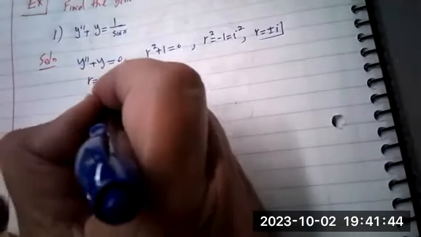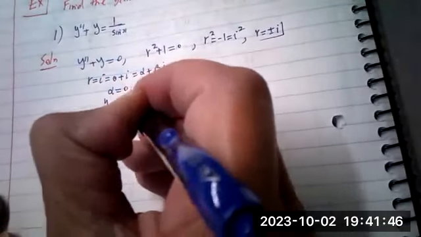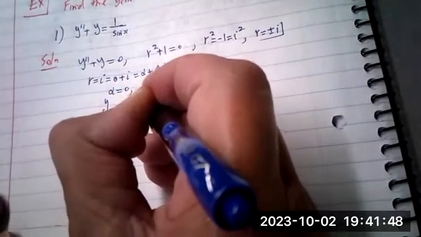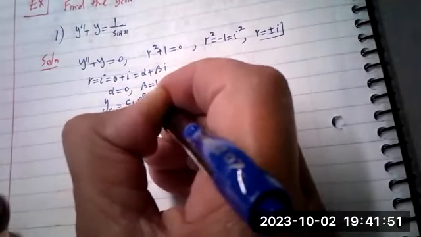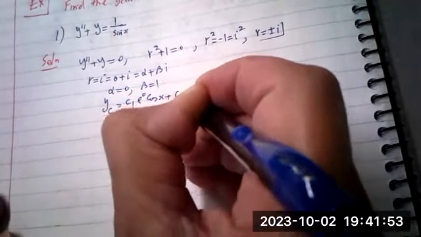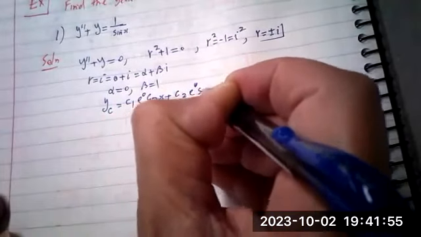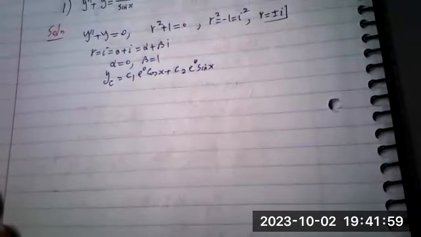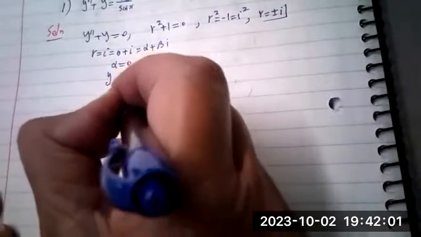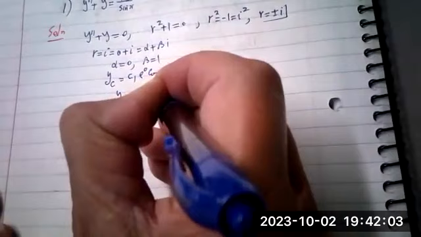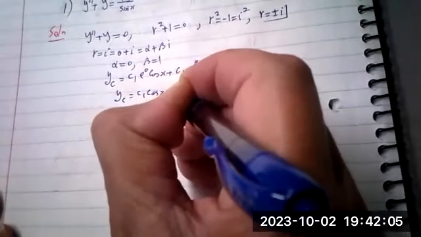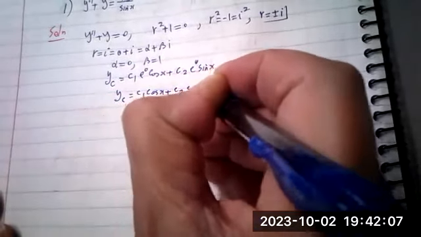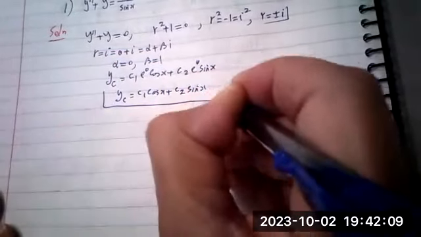So your general solution, yc = C1 e^0 cos x + C2 e^0 sin x. e^0 is 1, so yc = C1 cos x + C2 sin x. This is the general solution.